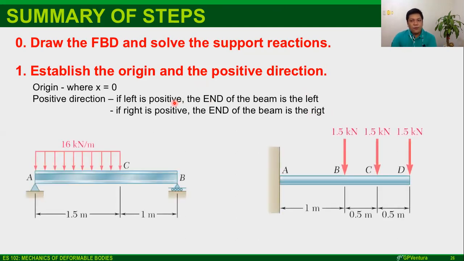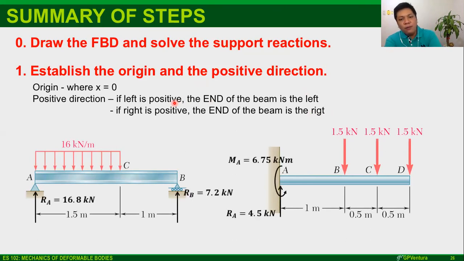Next. Just to show you an illustrative example, take for example these two. Step 0, solve for the support reactions. Step 1, establish the origin. For example, you want the origin for this problem to be here, and to the right as positive.